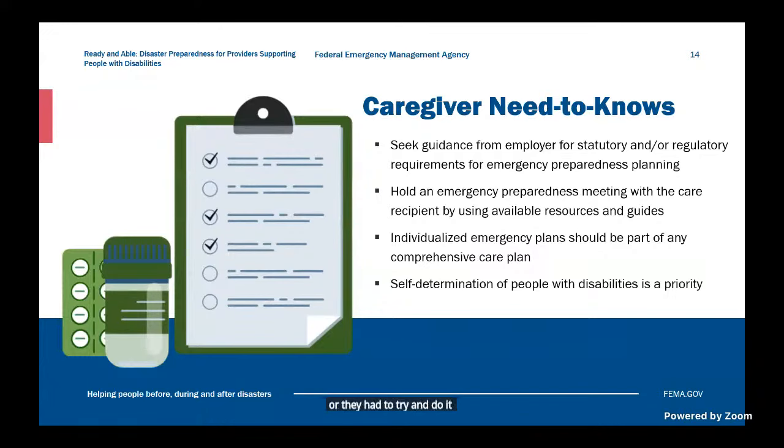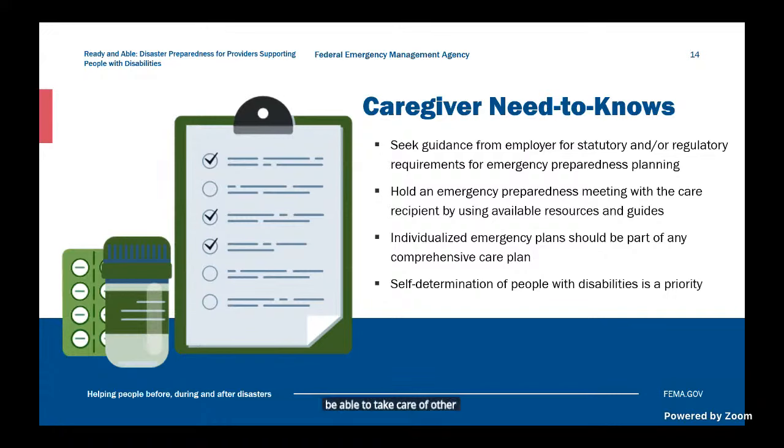And that's also why individual preparedness for yourself as a caregiver is important, because if you take care of yourself, that will help you be able to take care of other people. And then you also just want to maintain your own safety.